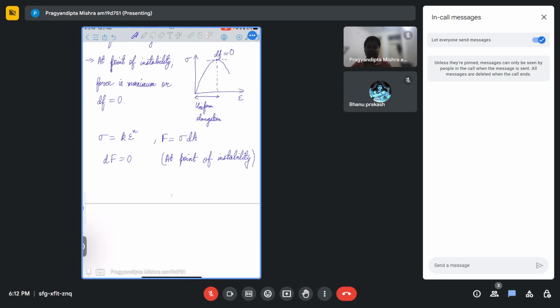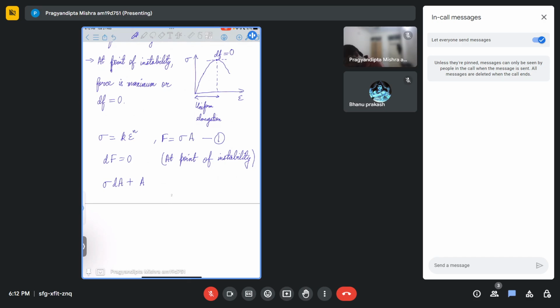Therefore, if we differentiate this equation, the equation 1 that I have represented here, and equate that to 0, I'll get something like sigma times dA plus, okay, let's not write it as dA here actually, let's write it as A only.